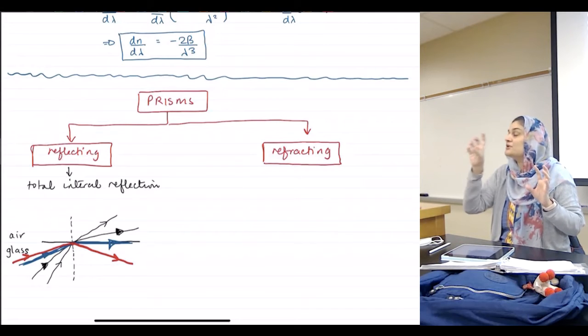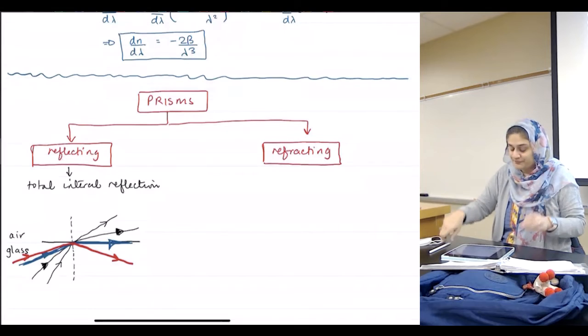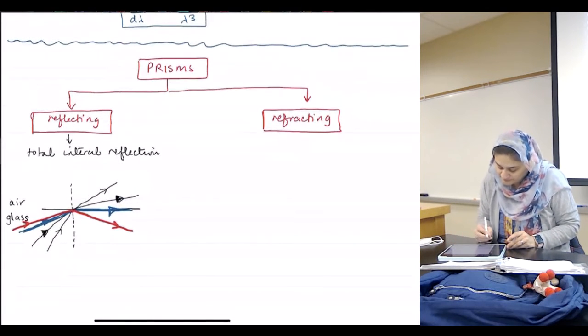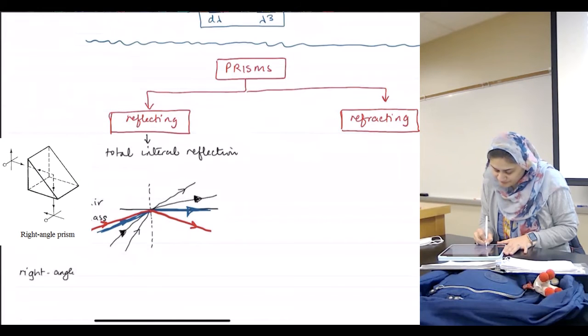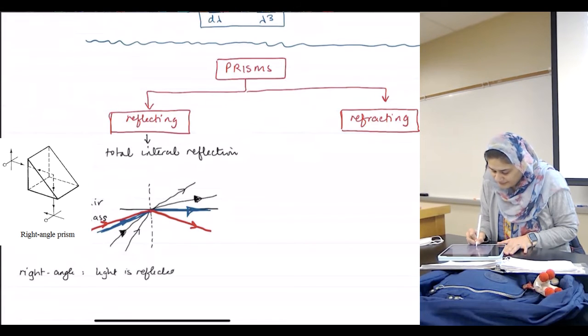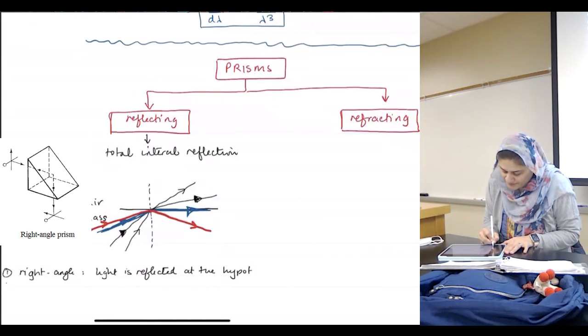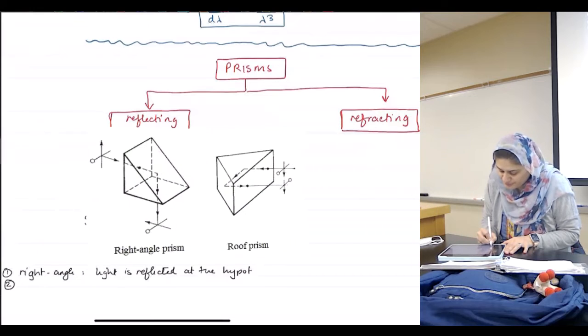So if you guys want to write the details, let's write them really quickly. So in our right angled prism, light is reflected at the hypotenuse. Our next one is the roof prism, right?